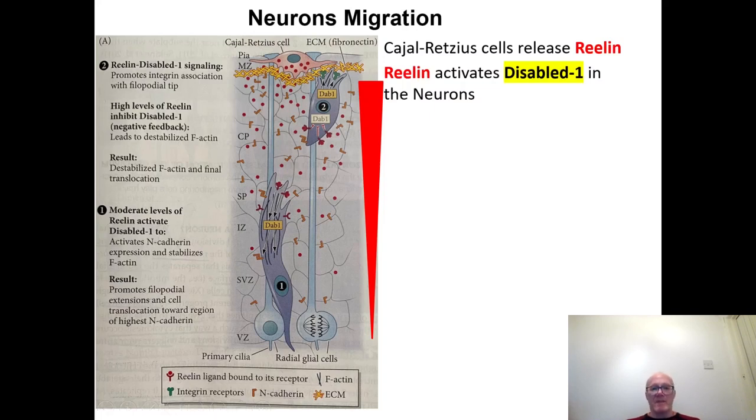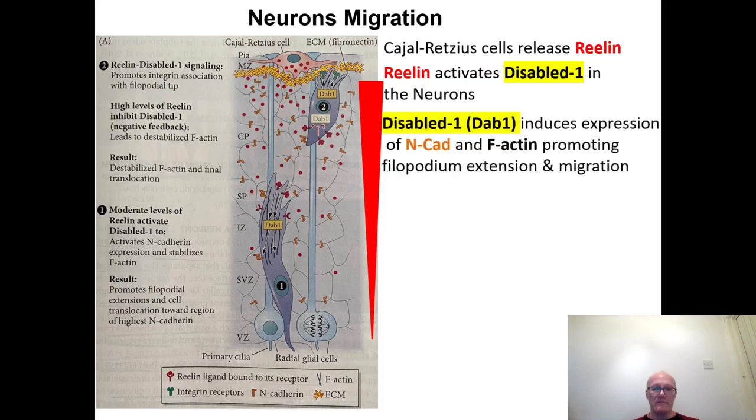And when it binds the receptor on this neuron, through a series of cytoplasmic pathways, it induces expression of disabled 1 or DAB1. Disabled 1 or DAB1 induces the expression of NCAD and F-actin in the migrating neurons.